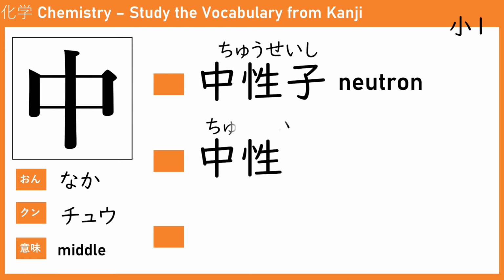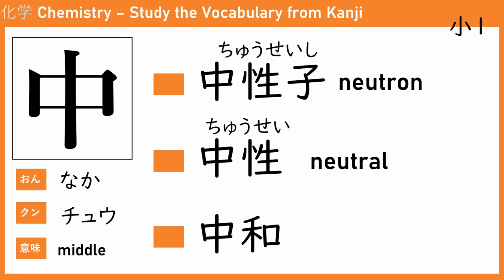So chusei means neutral. For example, if you have acid and base stuff, acidic, basic. So neutral is not acidic, not basic. Neutral, chusei. This one is chuwa. Wa here means harmony.